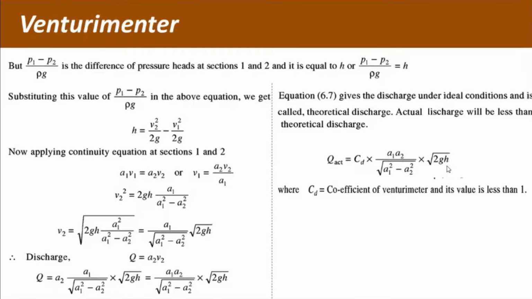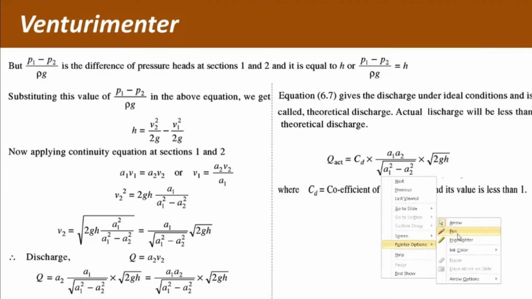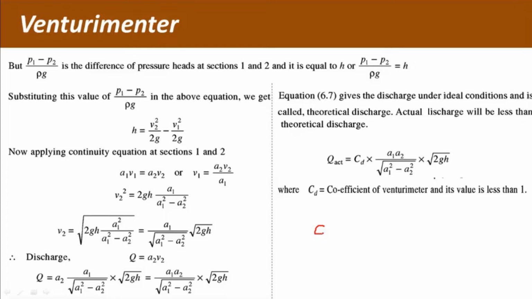Here this Cd is called the coefficient of Venturi meter. It is simply defined as the ratio of actual discharge to theoretical discharge, that is, the actual flow rate through the pipe divided by theoretical flow rate.